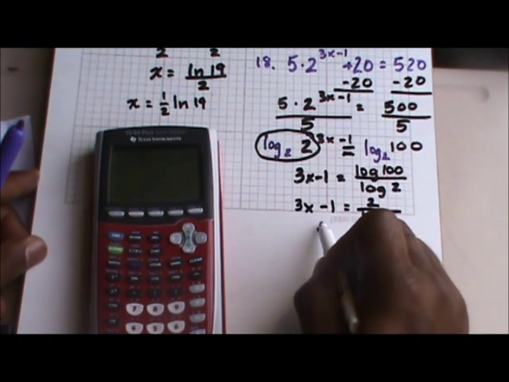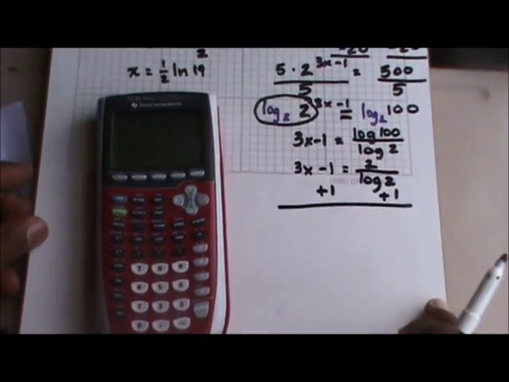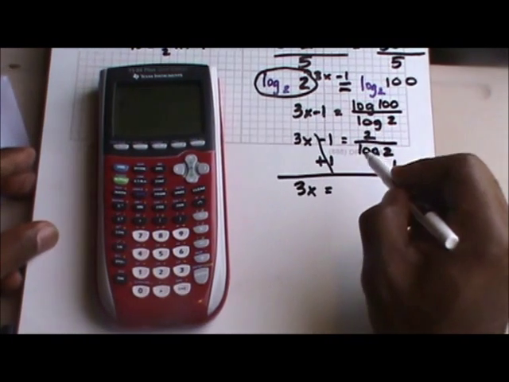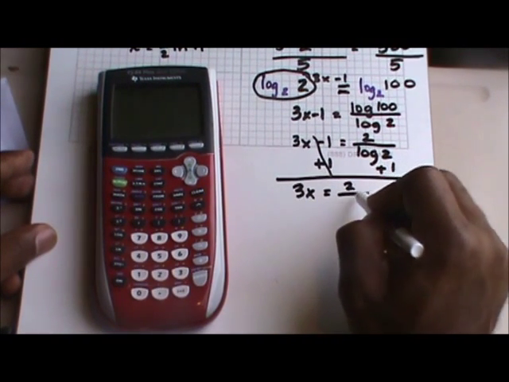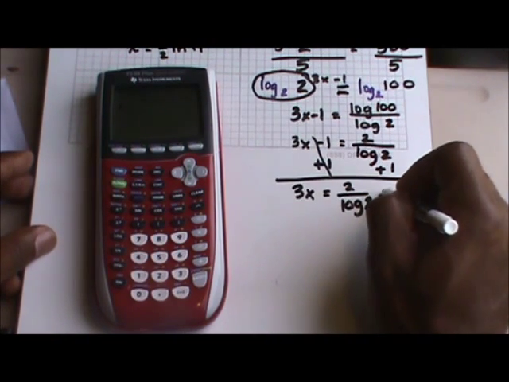We are going to add 1 to both sides. That's going to give us 3x is equal to, this cancels, 2 over log of 2 plus 1.